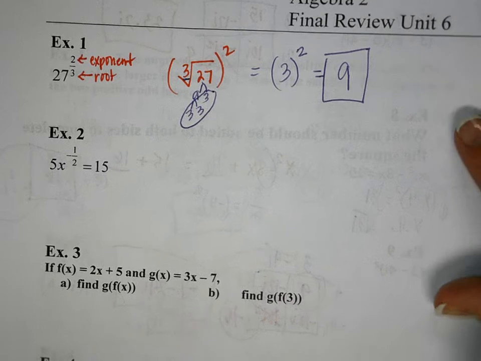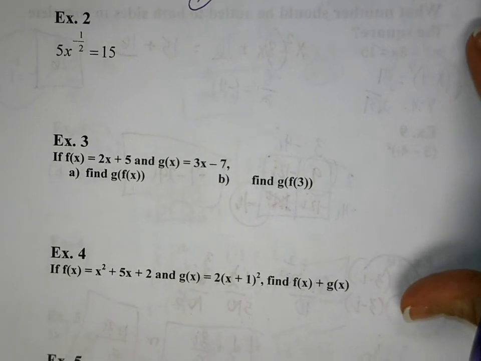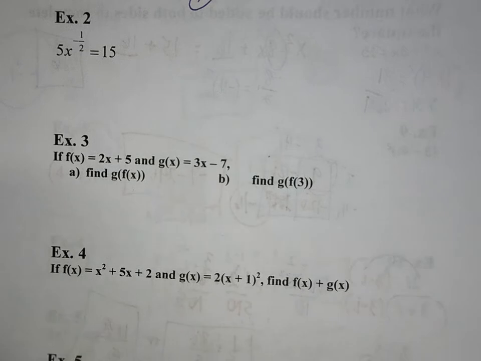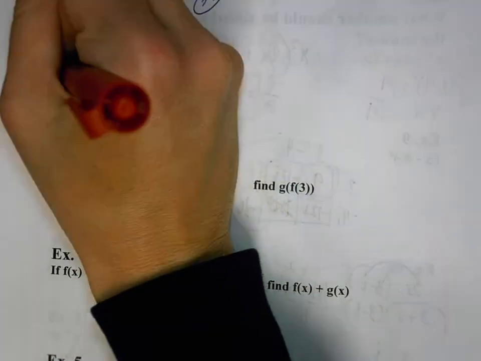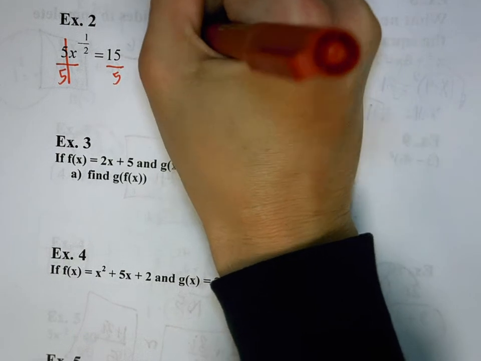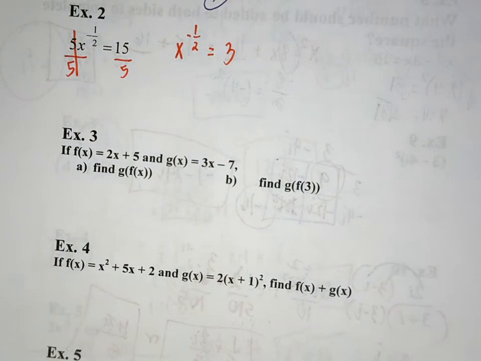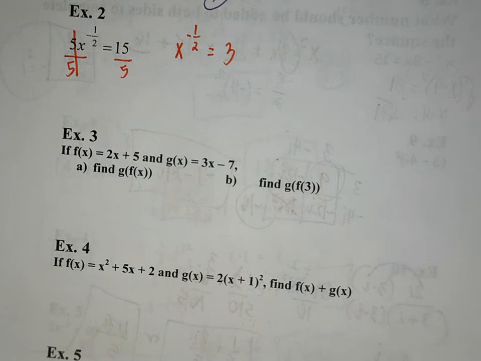Example 2. You're always trying to get your root or your variable by itself. So what is the first thing we'll do on example 2? Very good. Divide by 5 is correct. So I end up with x to the negative 1/2 equals 3. Who knows how to get rid of that negative 1/2 power?